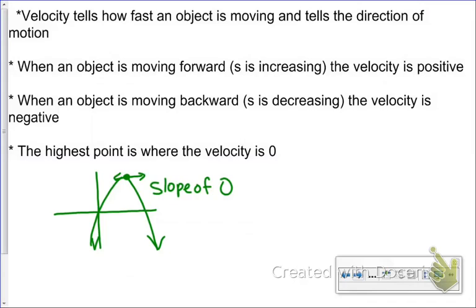Correct, 0. A maximum or minimum has a slope of 0. So that should make sense that the velocity, which is its slope or derivative of the position function, is 0 when the particle is at its highest point. Similarly, that'll happen when the particle is at the lowest point. Whenever you have a maximum or minimum on the position function, you'll have a slope of 0.